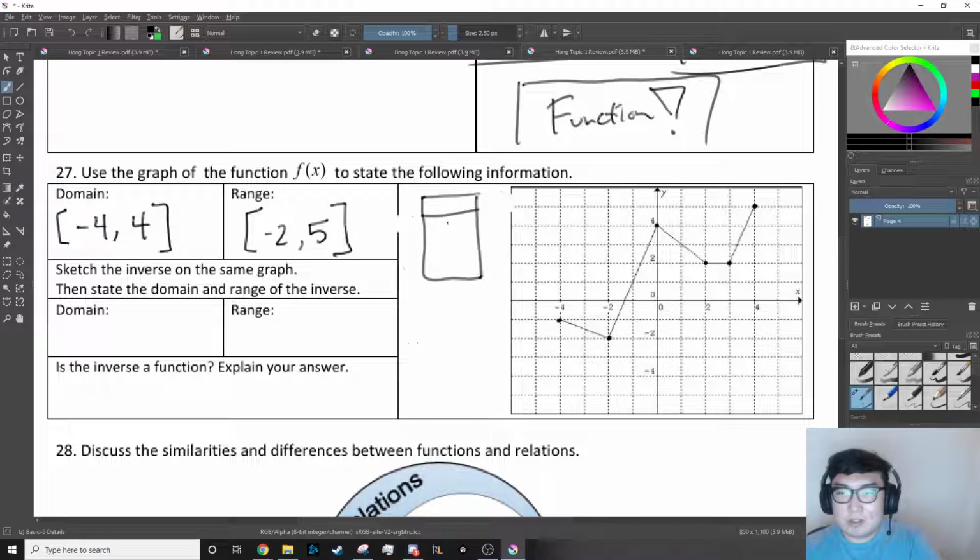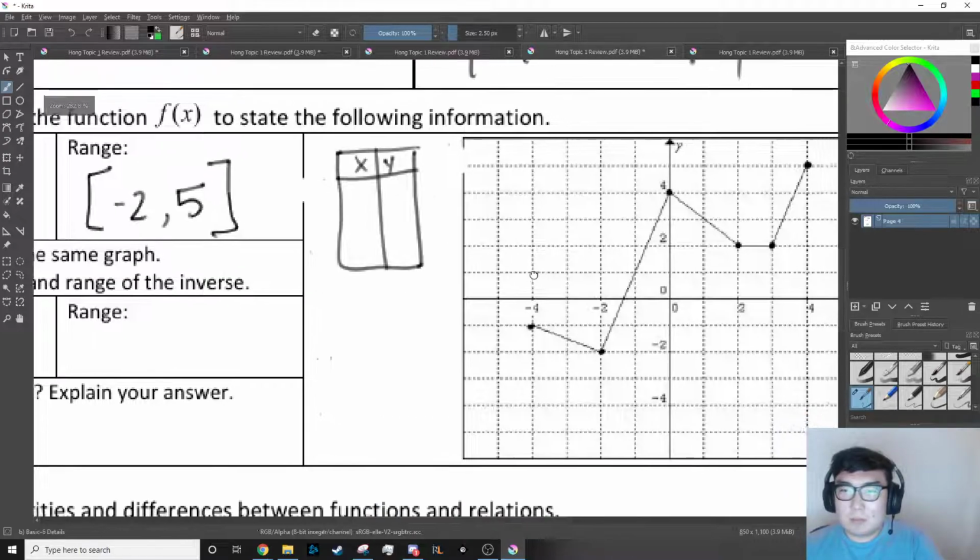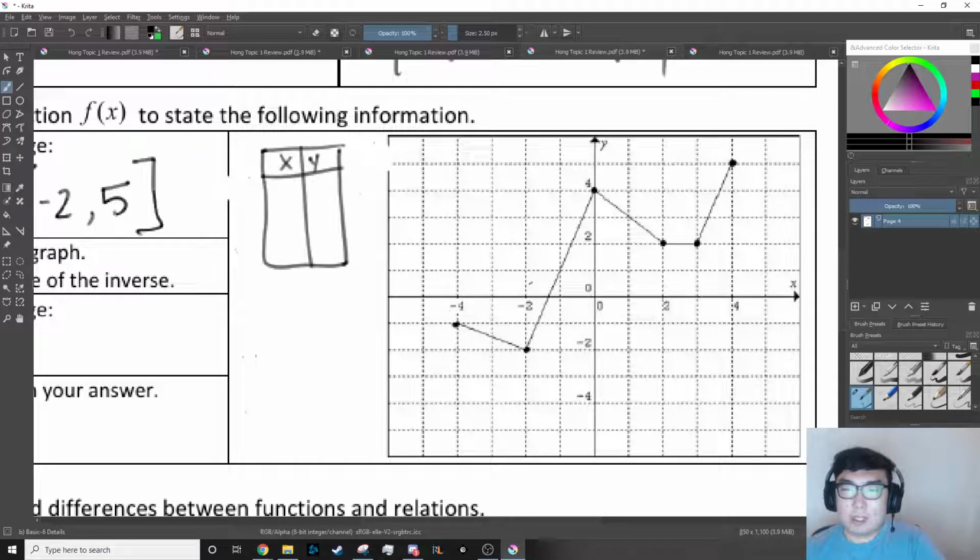And if you remember this from 1.3, we listed out the original, or base, function, and then we flip the x and the y. So this right here is -4, -1. This is -2, -2. This is 0, 4.